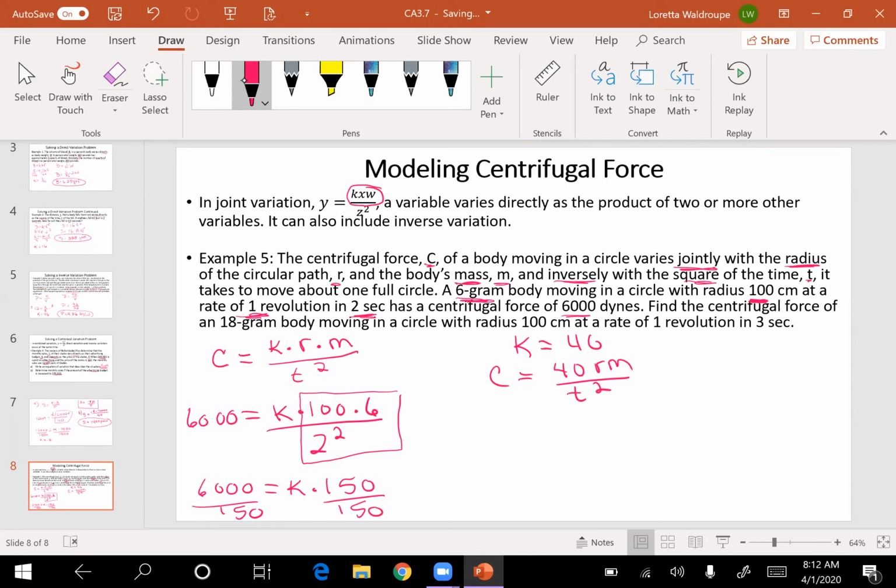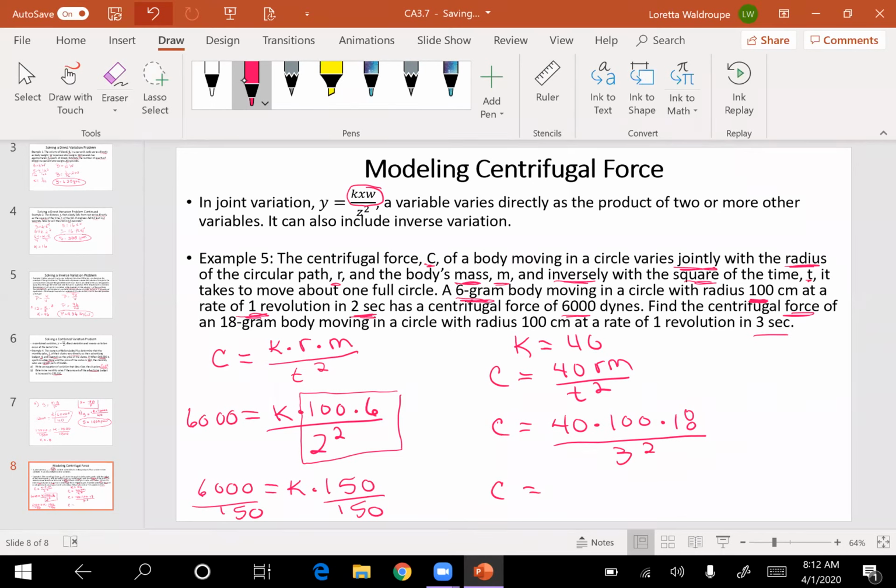Okay, so find the force, or C, if an 18-gram body moving in a circle with a radius of 100, 18 grams, and 1 revolution in 3 seconds.